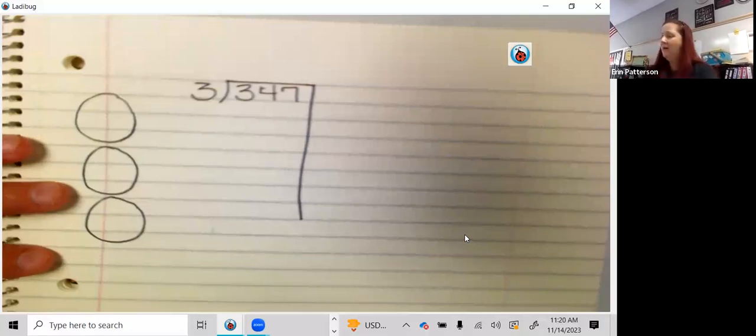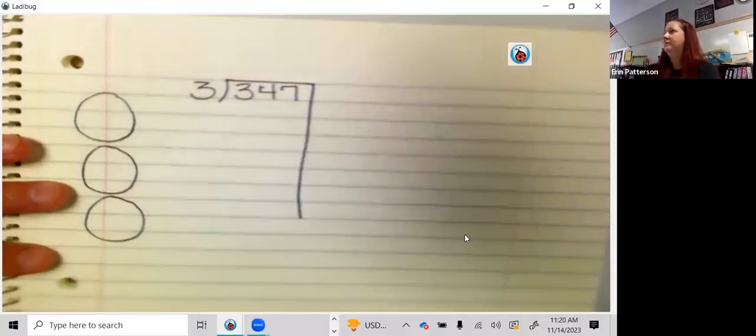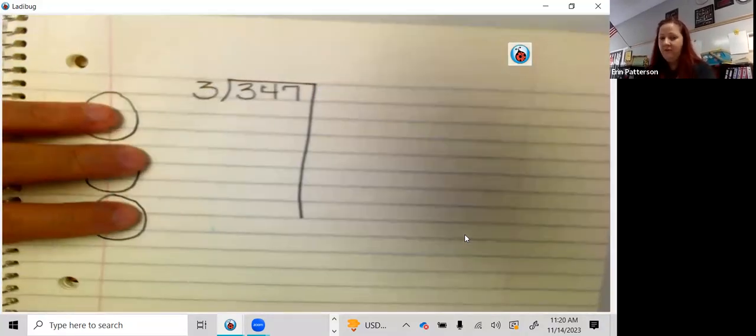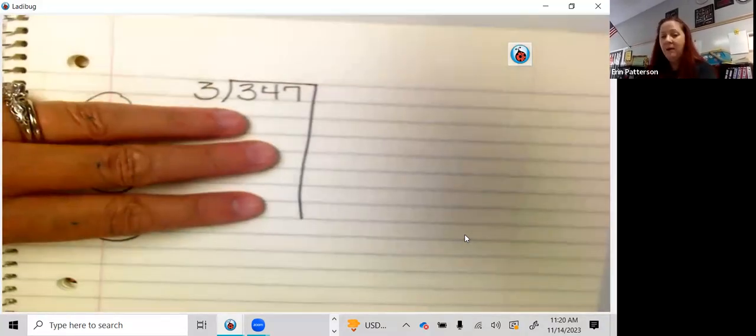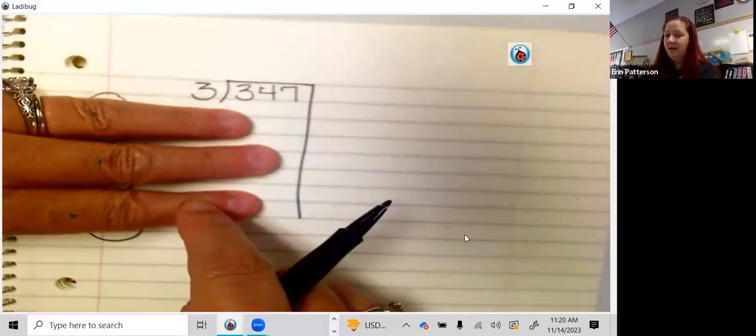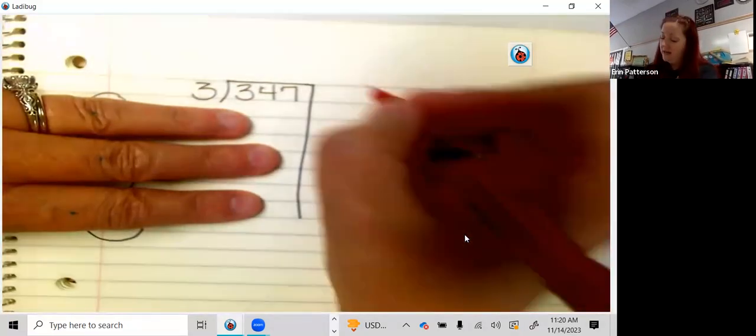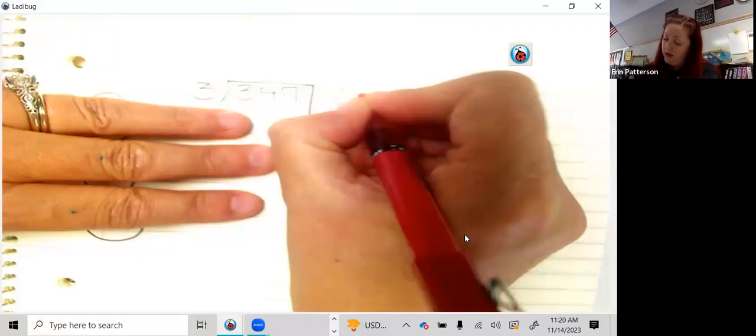Okay, so I've got a 3-digit number. What's my big friendly number that I'll use when I do 3-digit numbers? 100. So I've got 3 friends, 3 fingers, and I'm going to count by 100s. 100, 200, 300. Can I do 100? Yes. So I'm going to put 100.